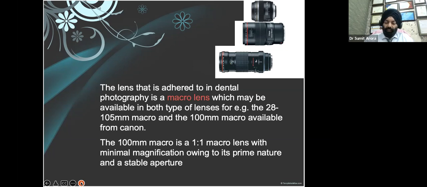Basically, if you are clicking 10 mm of subject, it should form on the retina, or the sensor of the camera, at the same size. Then there is no magnification error. But if you are clicking 10 mm and it makes the image on the film 12 mm, 13 mm, or even 8 mm, which generally happens in zoom lenses, then there will be a magnification ratio.